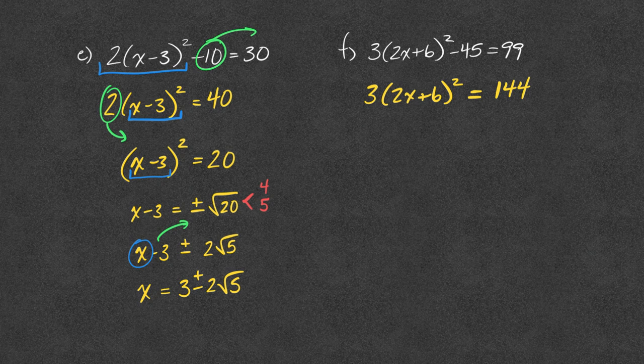Okay, now I need to go through and I need to get rid of my times by 3. Well, to get rid of a times by 3, I am going to divide by 3. Well, I need to now take 144 and I need to divide it by 3. So maybe off on the side I have to write this down. I hope not. I'm hoping we can just do some short division.